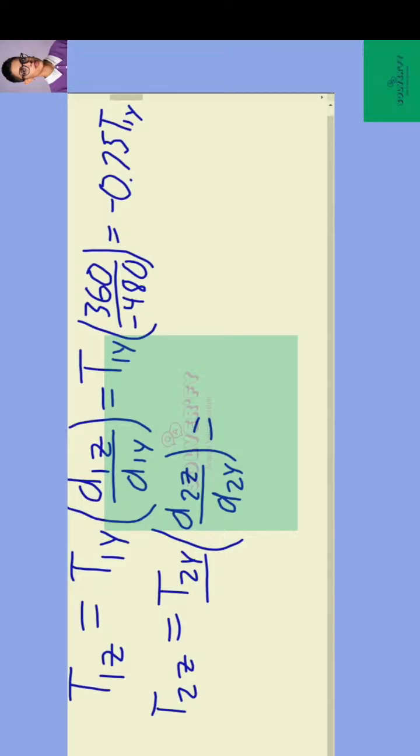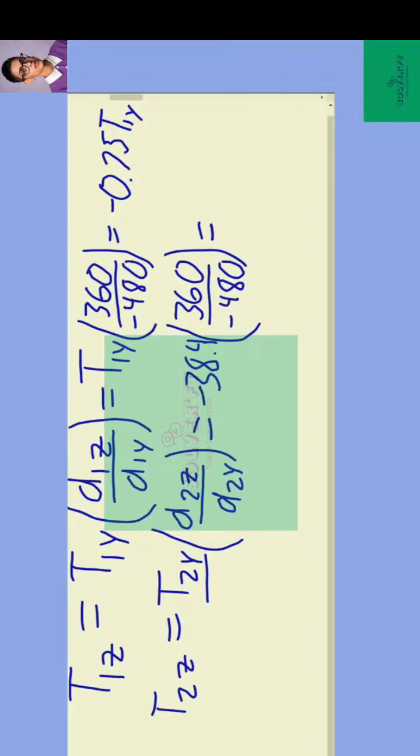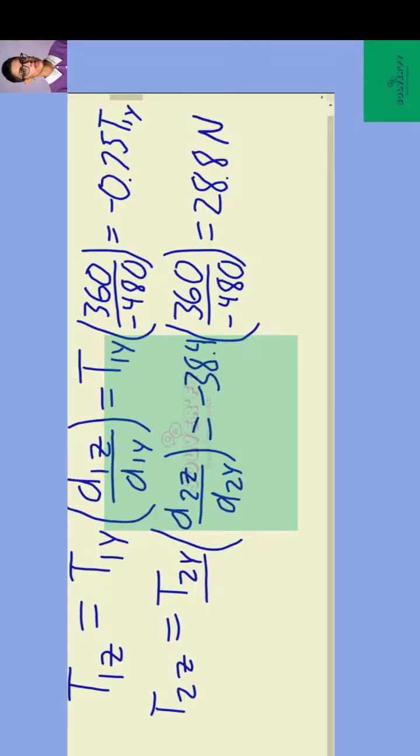It's this negative 38.4 newtons. Multiply it by its ratio, our z component is 360 millimeters over our y component of negative 480 millimeters. That gives us a z component in cable 2 of 28.8 newtons.